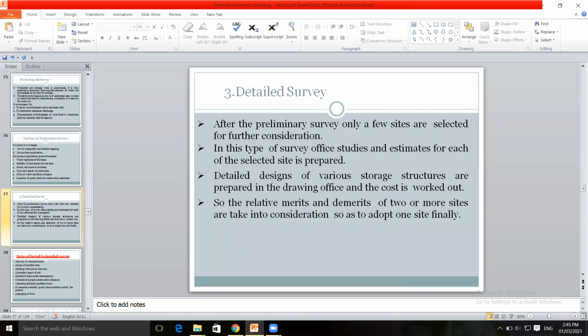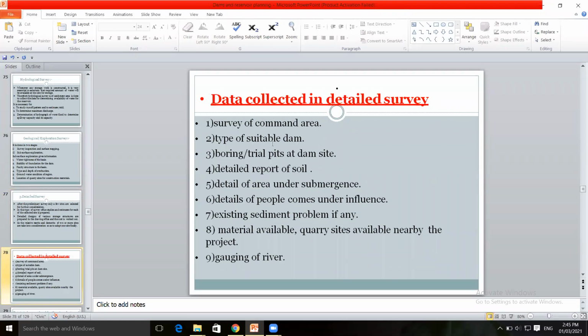So this is the data which is collected in the detailed survey: the command area, the type of suitable dam, and various trial pits or boring methods to be carried out at the dam site. That is decided. Various types of boring methods, auger boring, percussion boring, are used to know the actual ground conditions, the type of soil, and characteristics of the soil.